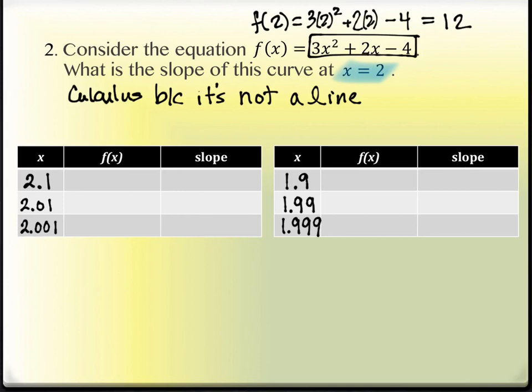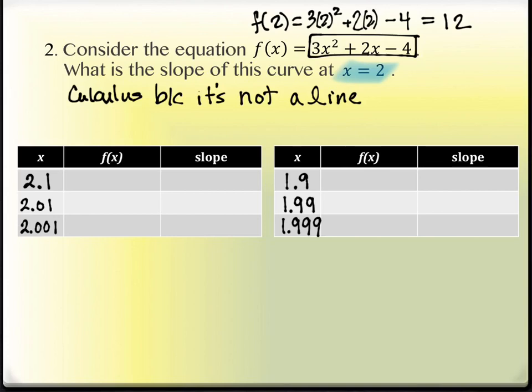If you do have this set up, you can hit second graph, and you'll have a table that's blank. You can just type in 2.1, 2.01, 2.001, 1.9, 1.99, 1.999, and it'll spit out six answers, just like that.